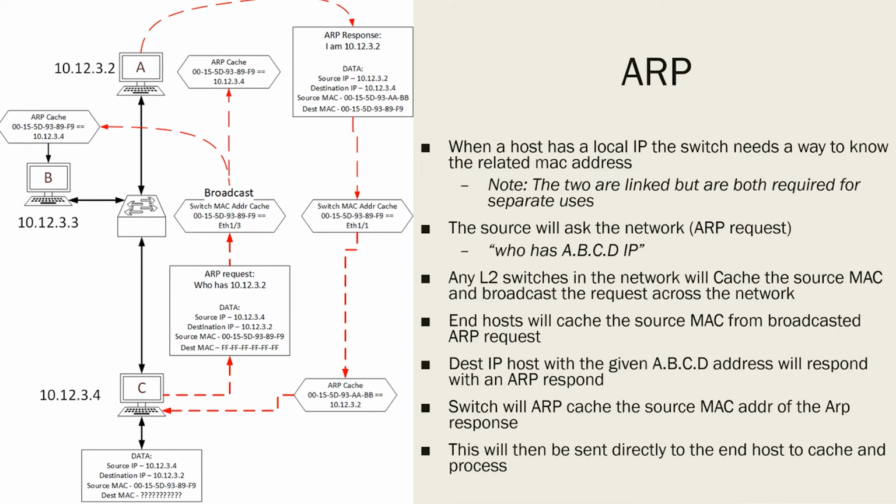Maybe there are different processes within your application, which pass it down to a different process, and that process then knows what IP address to send it to, regardless. As you pass down the stack to layer 3, you should at that point know the destination IP address is going to be X. So in this case, it's going to be a destination IP address of 10.12.3.2.